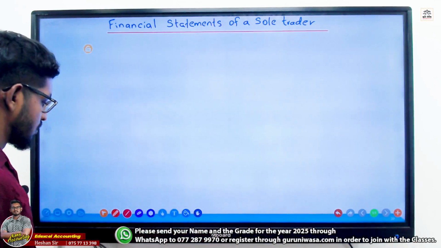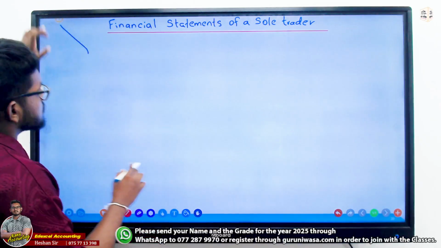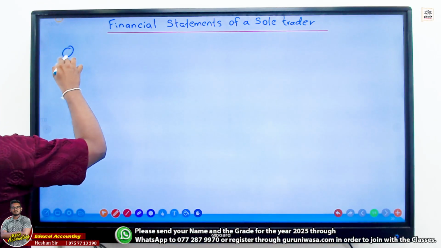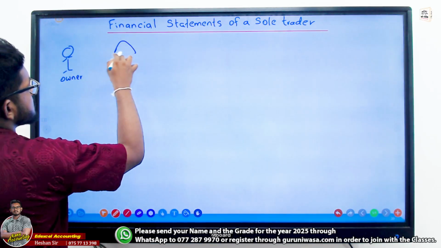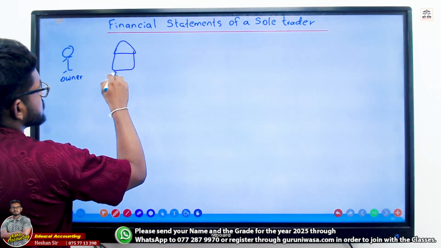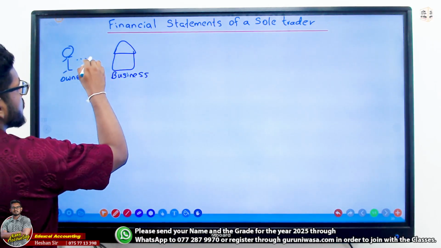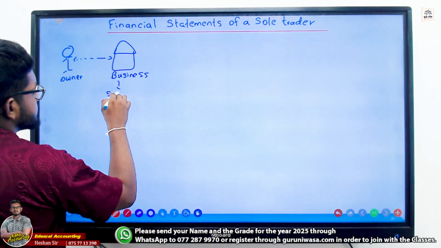So what does sole trader mean? This is the sole trader, the owner, and the business, right? Sole trader means a single owner.